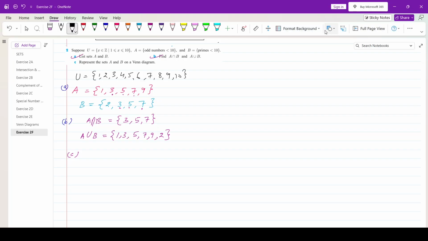So first we'll draw a universal set. This is U. Now we know we have A intersection B and it is not an empty set. Therefore A and B will overlap.